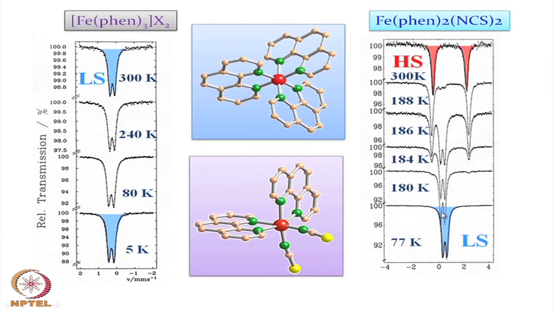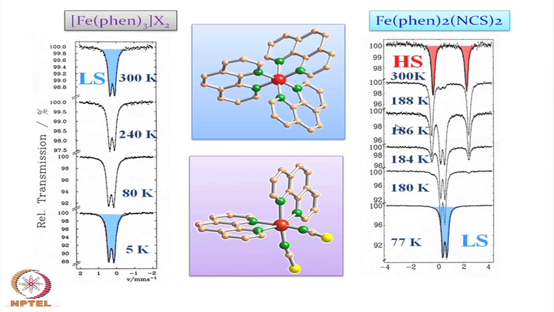As we move up, at 180 K the splitting is increasing. At 184 K, we have 1, 2, 3, 4, all 4 signatures present. Similarly for 186 K also.